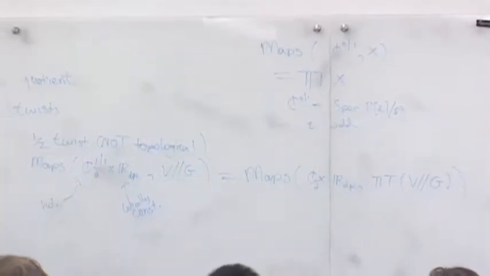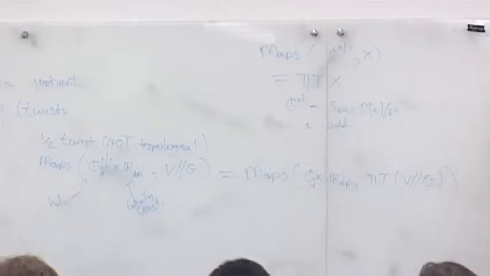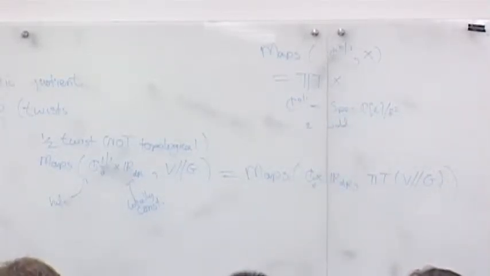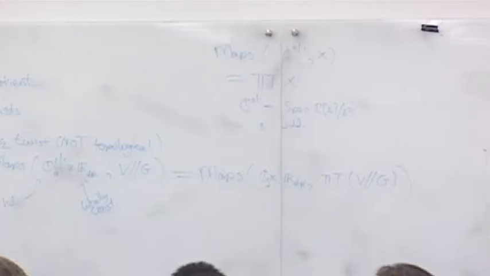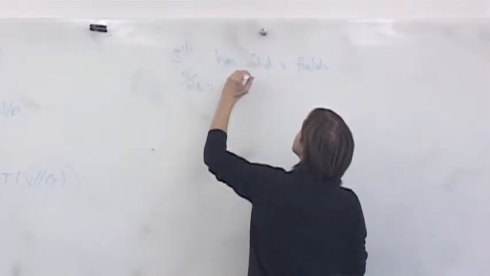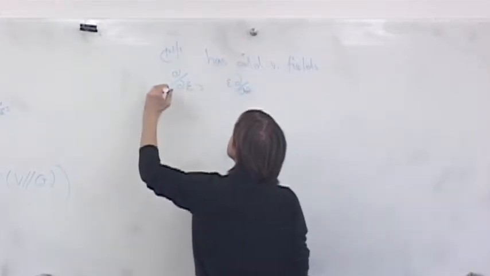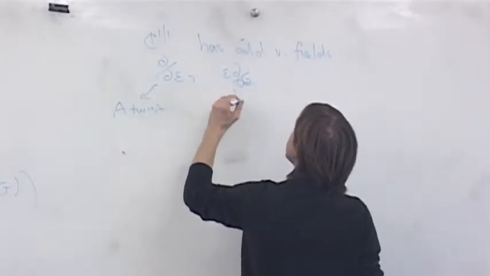And finally, this super manifold has two vector fields. One of them is d by d epsilon, and the other is epsilon d by dz. And these lead to the A twist, and this leads to the B twist.